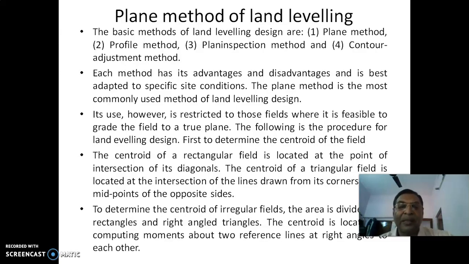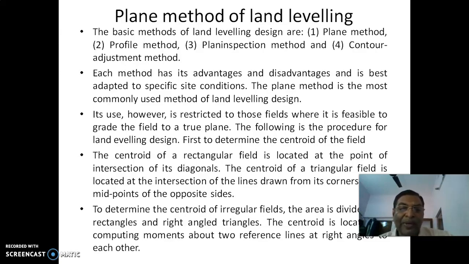So in this, the first thing is to determine the centroid of the field, and next the average elevation of the grid points. Let us see theoretically how the procedure works, and then take one example to determine the centroid of the field.